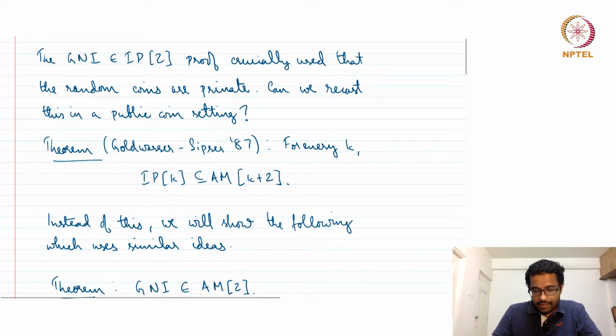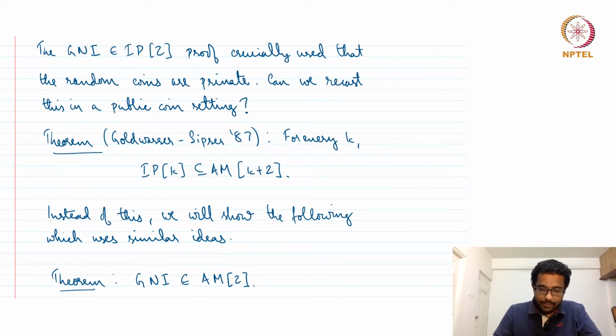This was answered by Goldwasser and Sipser, who said that for any k, where k need not be a constant, if something can be accomplished by an interactive proof in k rounds, then the same thing can be accomplished by a public coin interactive proof in k plus 2 rounds. So basically, 2 additional rounds are enough to convert a private coin protocol to a public coin protocol.